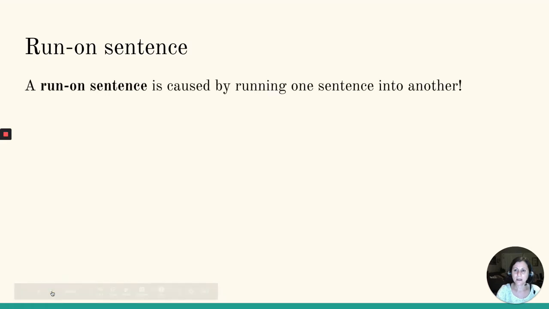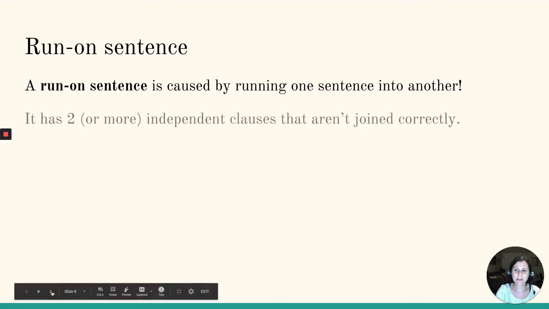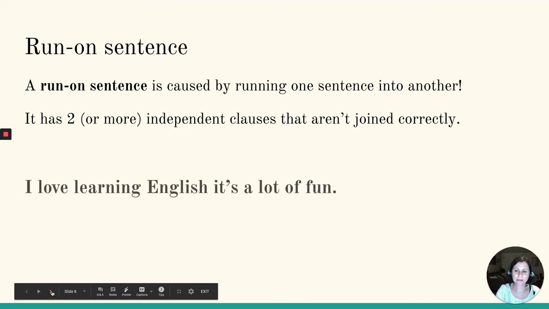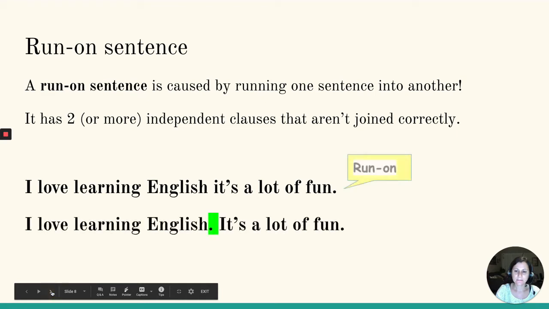Okay. A run-on sentence is caused by running one sentence into another. It has 2 or more independent clauses that aren't joined correctly. I love learning English. It's a lot of fun. This first one, it's a run-on.